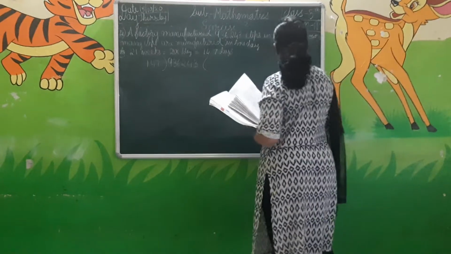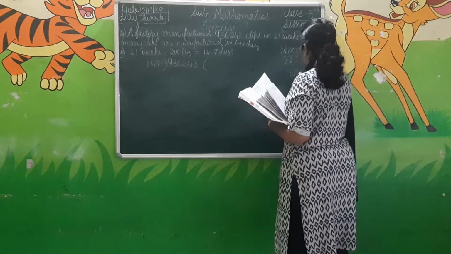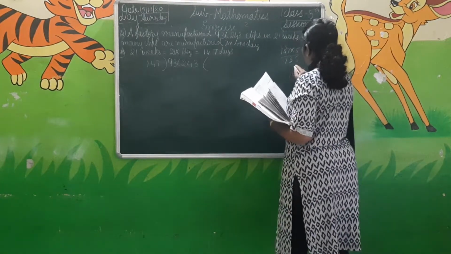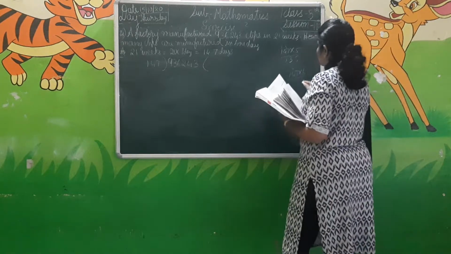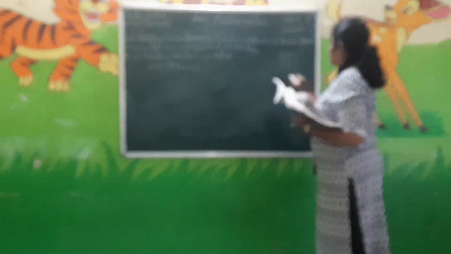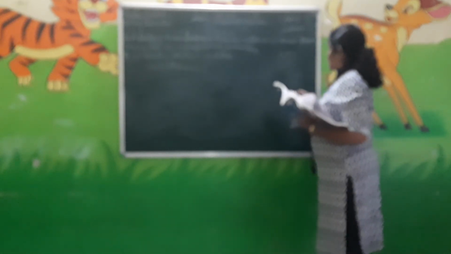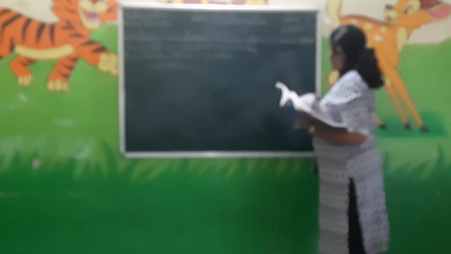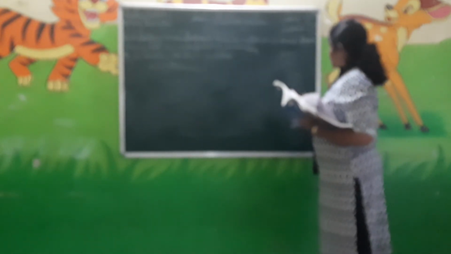So we can go for another number, 147 into 6. 6 sevens are 42, 6 fours are 24, 24 plus 4 is 28, 6 ones are 6, 7, 8. 882. If you go further, that is 147 into 7. 7 sevens are 49, 7 fours are 28, 28 plus 4 is 32, 7 ones are 7, 7 plus 3 is 10. So it's more than that.